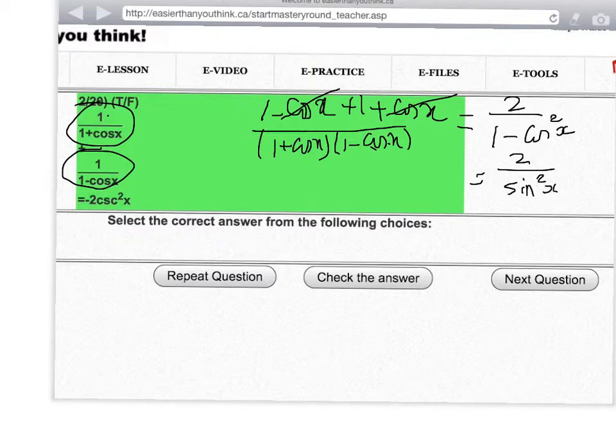But remember, 1 over sine x is cosecant of x. So this becomes 2 cosecant squared x. Now, if you look at the identity here, it says negative 2, which means that this is not really an identity. The answer is false. Okay?